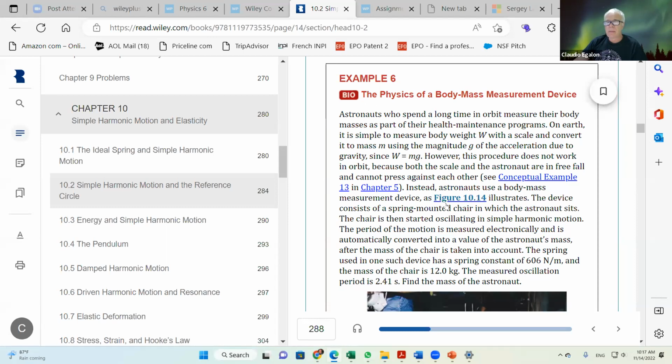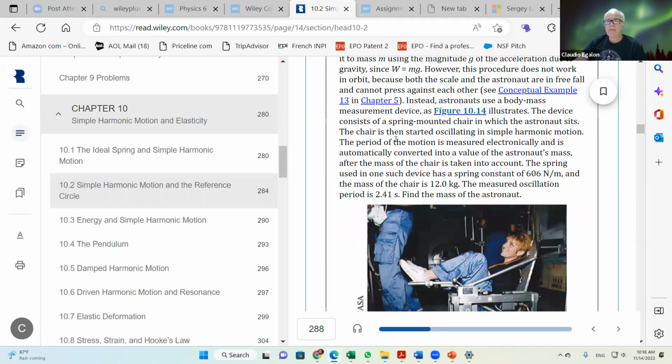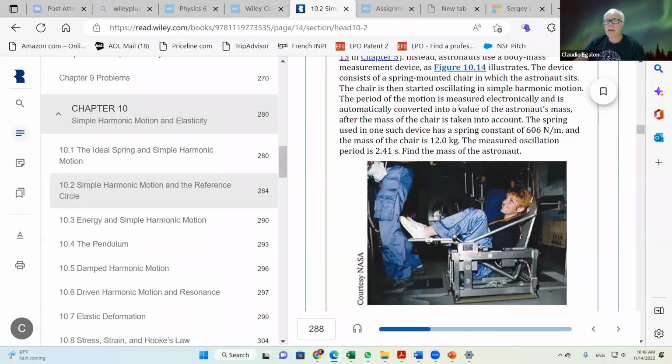Instead, astronauts use a body mass measurement device. The device consists of a spring-mounted chair in which the astronaut sits. The chair is then started oscillating in simple harmonic motion. The period of motion is measured electronically and is automatically converted to the value of astronaut mass.